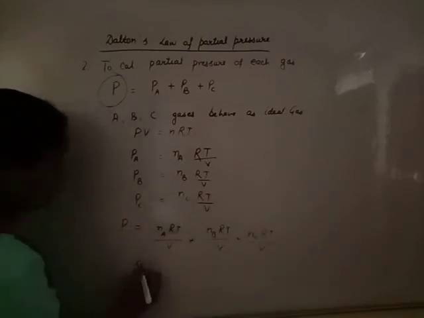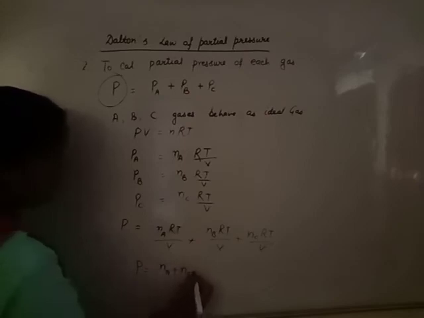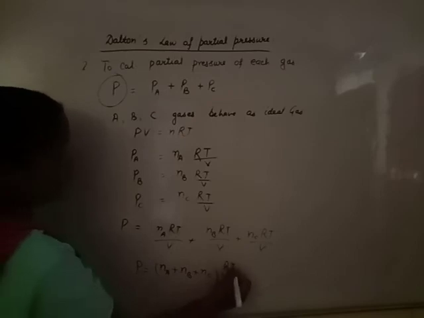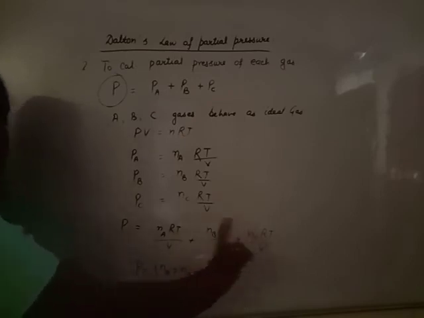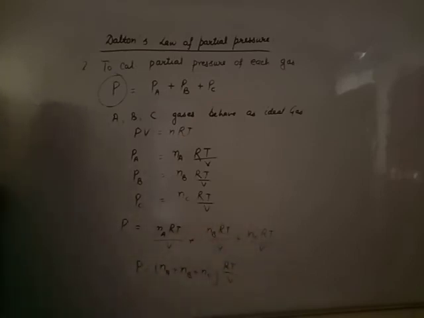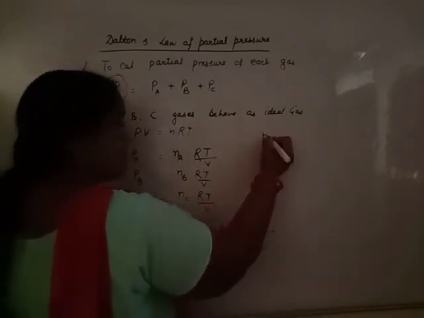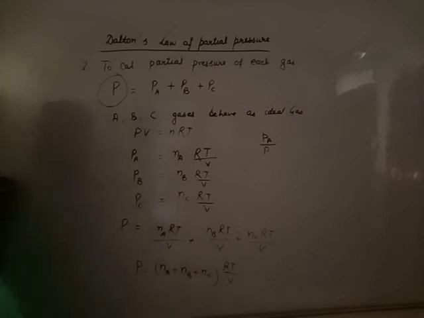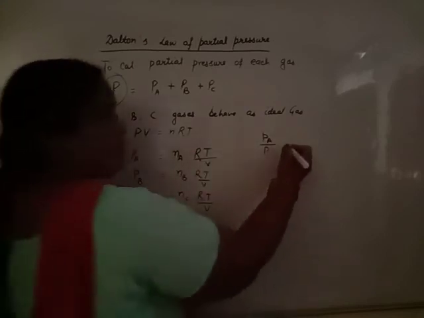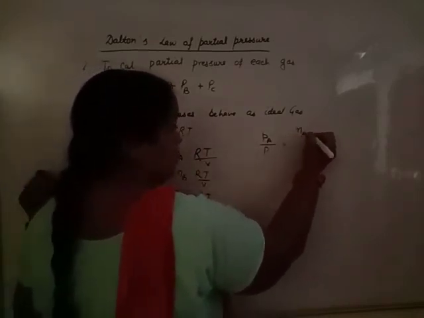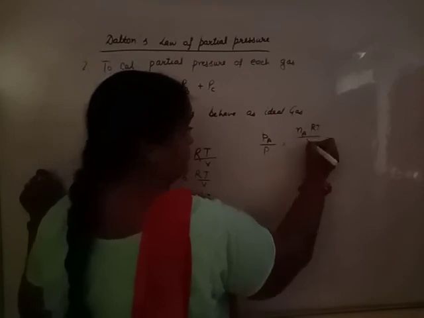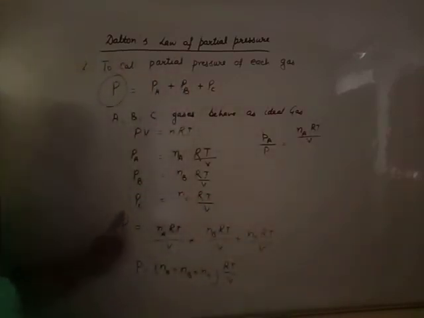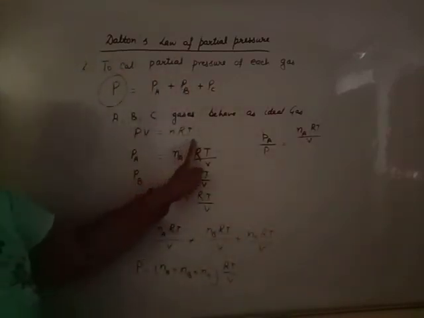Total pressure is equal to the number of moles of A gas plus the number of moles of B gas plus the number of moles of C gas, times RT upon V, which remains constant in all 3 cases. Then we want to calculate the partial pressure of A gas. It is divided by total pressure. Partial pressure of A gas is nA RT upon V.